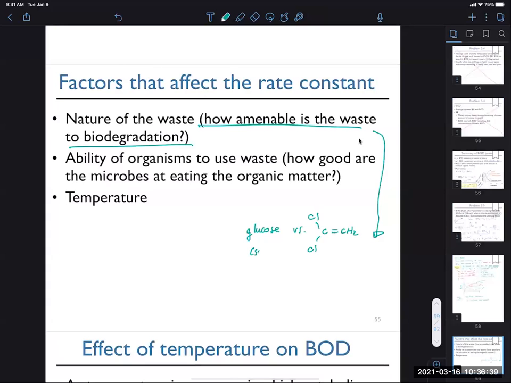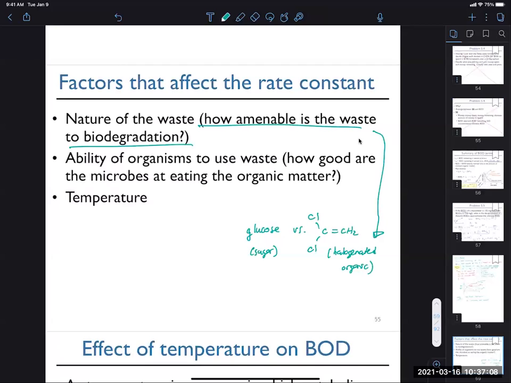This is a simple sugar. This is a halogenated organic. Ask yourself, which one is going to be more easily amenable to biodegradation? If you're thinking glucose, that's definitely the intuitive answer.